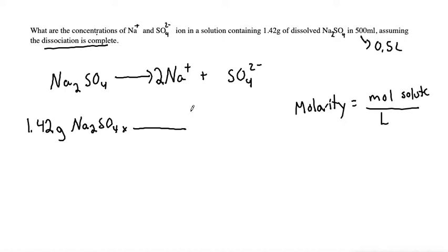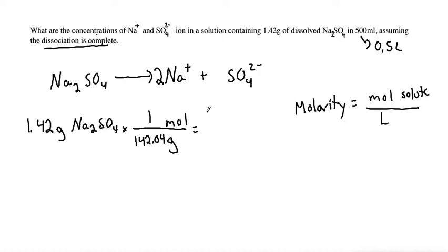So grabbing the molar mass real quick. It is 142.04. So the unit of grams needs to go in the denominator for it to cancel. Moles will go in the numerator. And the molar mass always goes with the unit of grams. So 142.04 grams is in 1 mole.